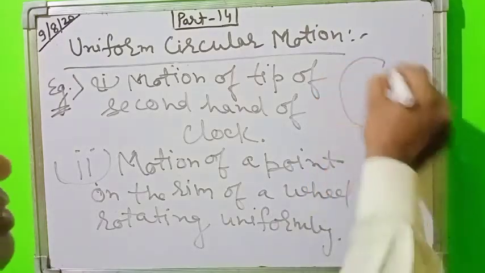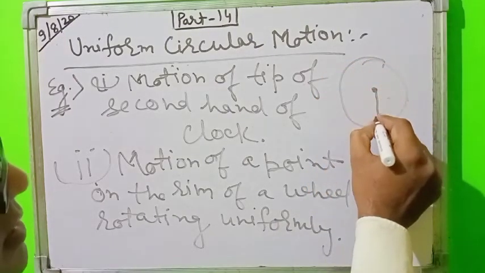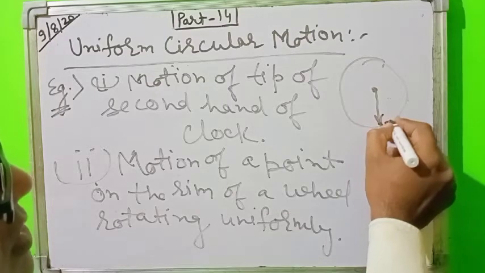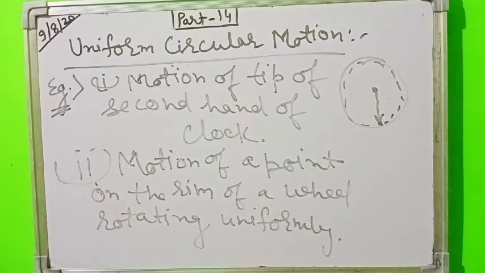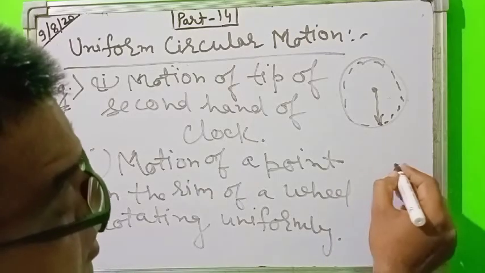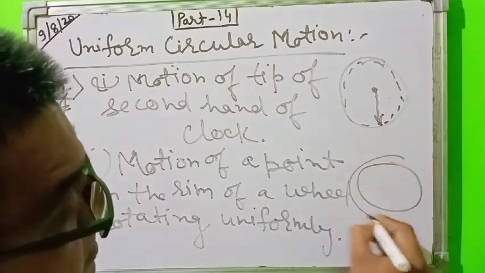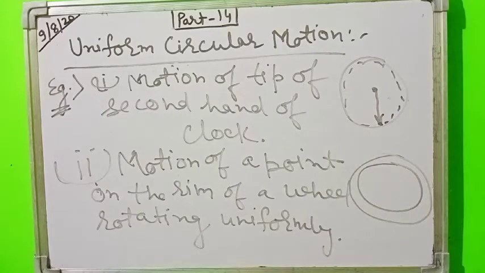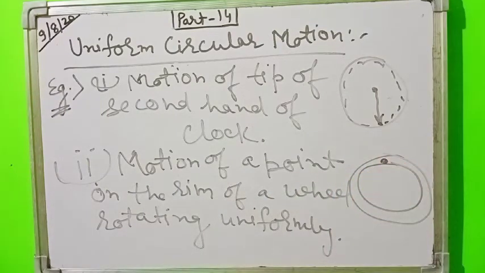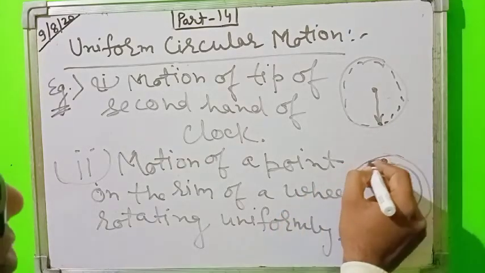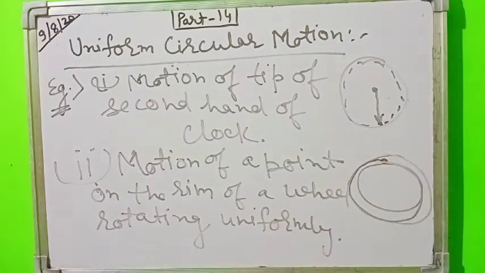This is a clock and this is the tip, so this tip will follow a uniform circular motion. Or suppose we take a rim and a point is taken here, and as the rim moves, this point moves. The motion of the point is a circular motion, that is uniform circular motion.